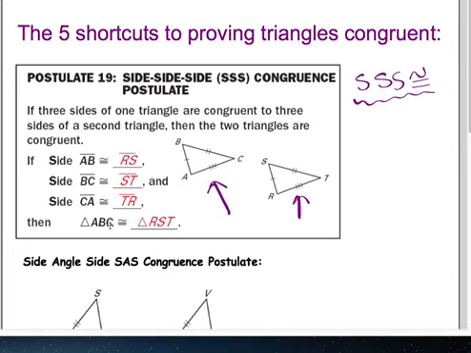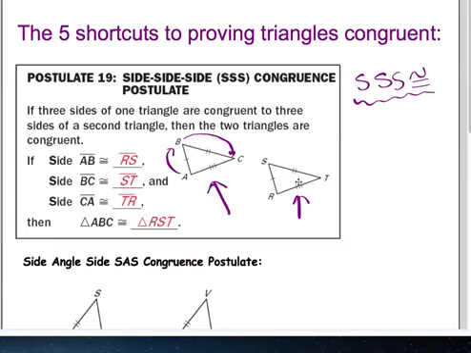Of course, we also have to name them, and naming them is important that you go in the right order. Here they said A, B, C, so notice they started at A, they went to B, then they went to C. I want you to see that they went first across the side with 1 mark, and then across the side with 2 marks.